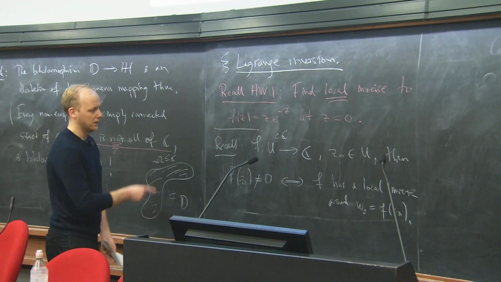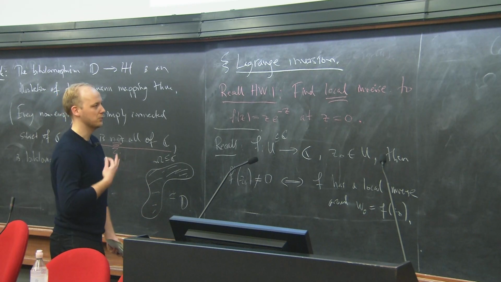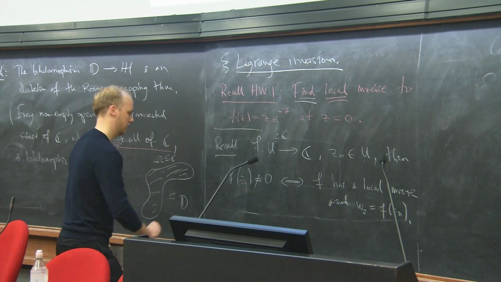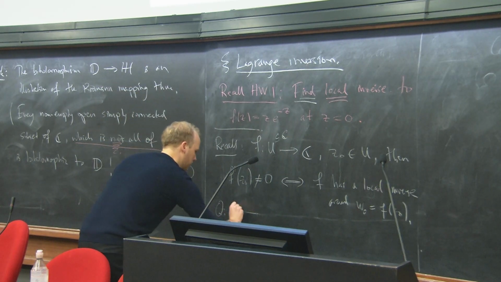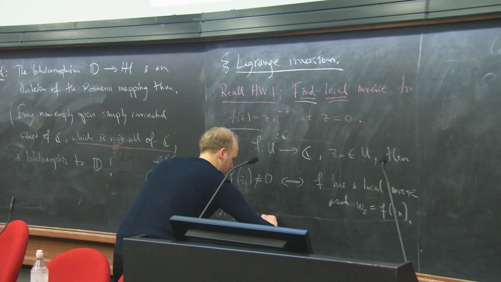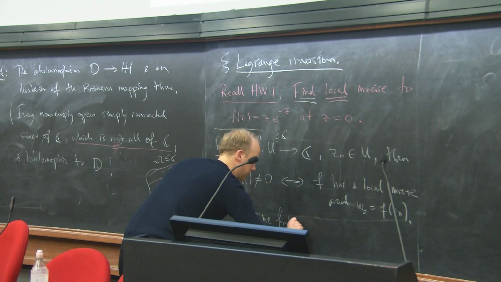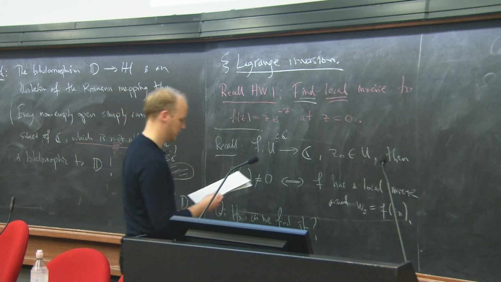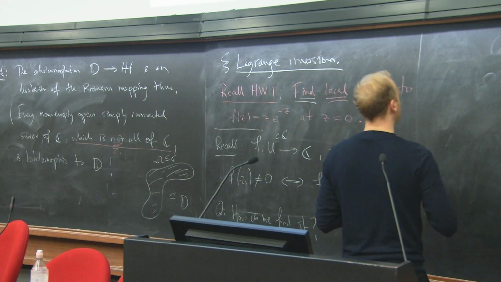We recall this, and then the question would be, how can we find the local inverse? Here we want to find it explicitly. We know it exists, but what would the local inverse be?